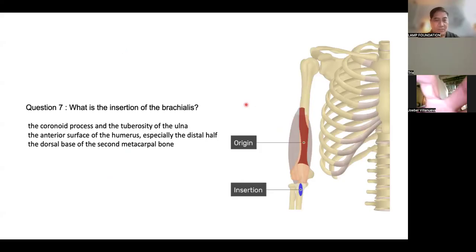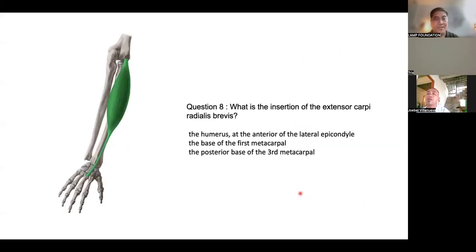What is the insertion of the brachialis? The coronoid process of the tuberosity of the ulna. Okay. So if this is the ulna, this is the radius, di ba? It's on the ulna. What is the insertion of the extensor carpi radialis brevis?